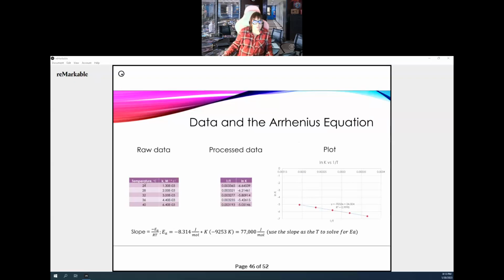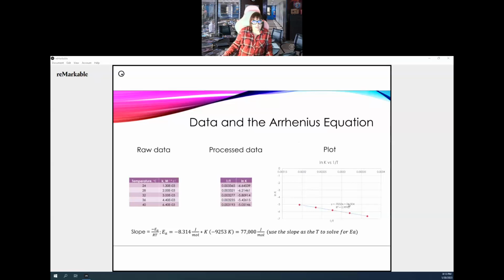So I have some raw data. We took the rate at each of these temperatures. We processed that so that we have 1 over the temperature, and then the natural log of k. We plot that, and that gives us this line here: y equals negative 9253x plus 24.504.